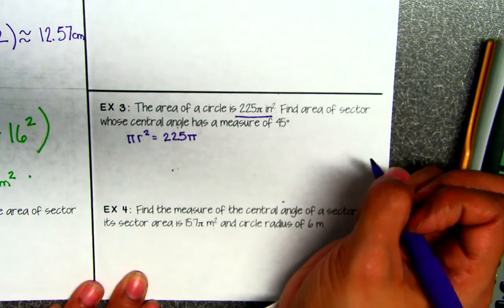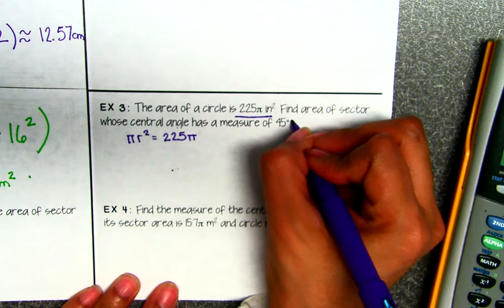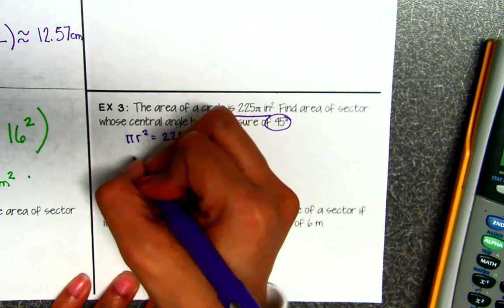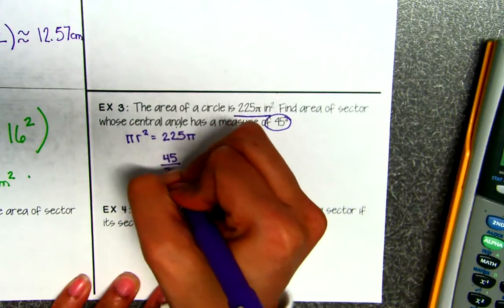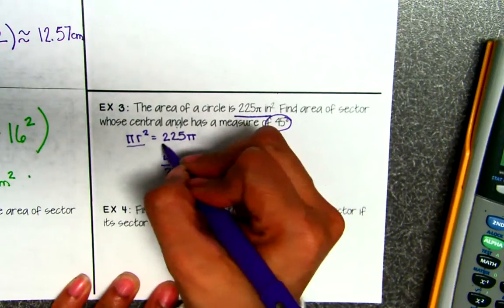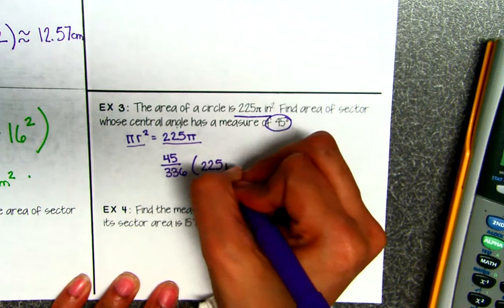Find the area of a sector whose central angle has a measurement of 45 degrees. So I'm going to say 45 over 360. And instead of writing this whole equation out, I'm just going to put the answer, 225 pi.